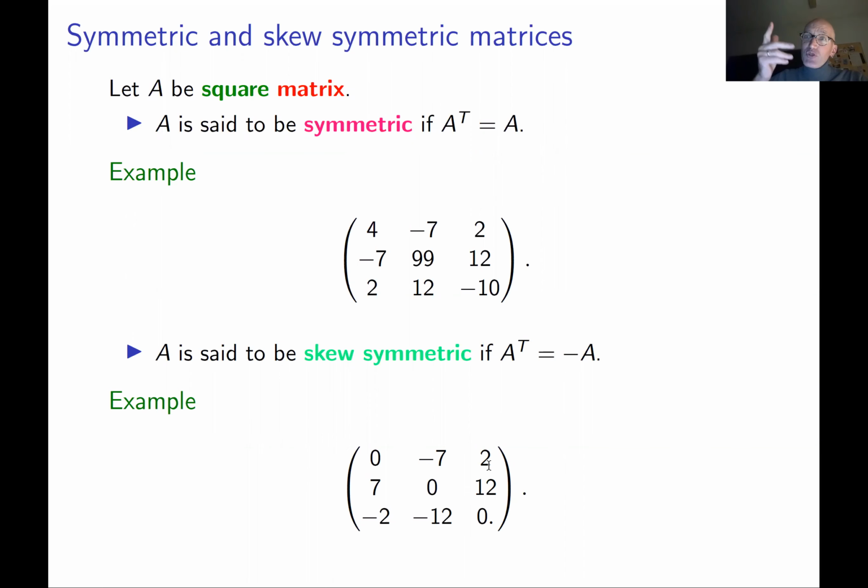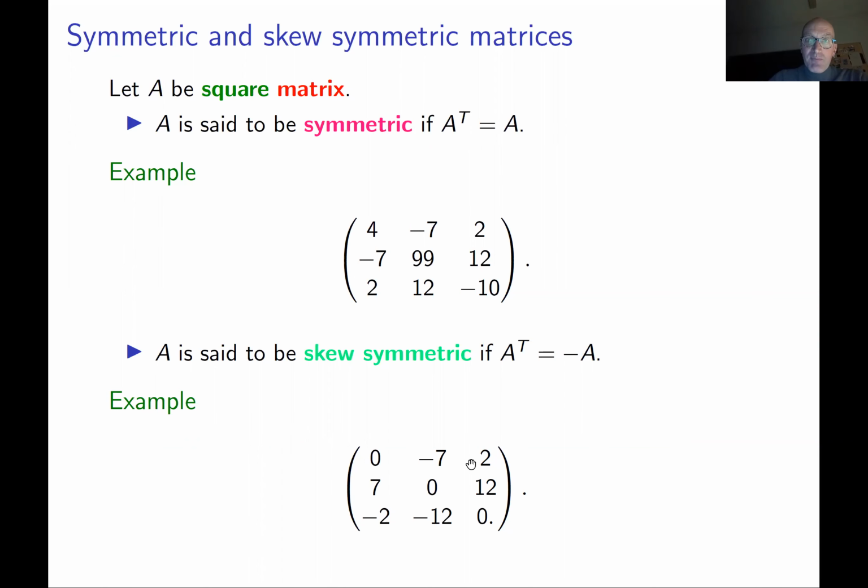So if you swap rows and columns, you still get the same matrix. You cannot define this for non-square matrices, clearly, because the numbers of rows and columns are different. But for square matrices, A transpose and A both have the same number of columns and rows. So this condition, A being equal to A transpose, means the matrix is symmetric.